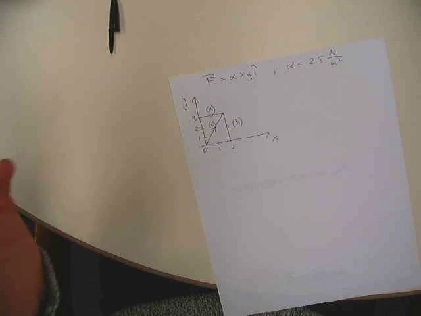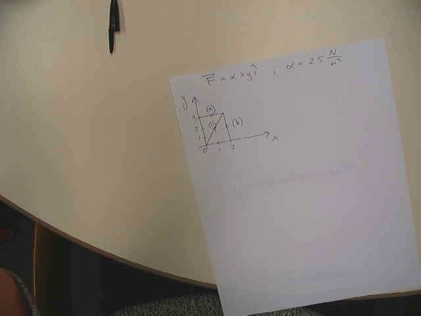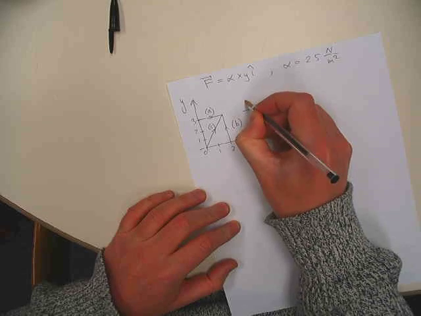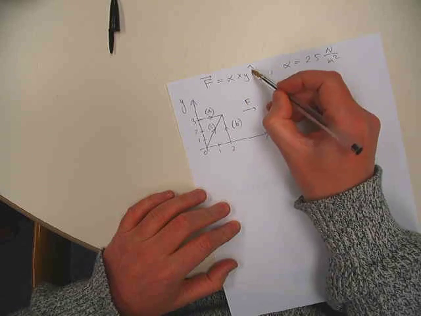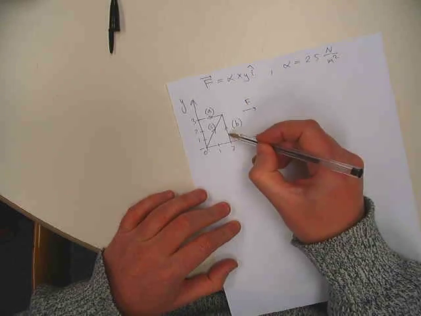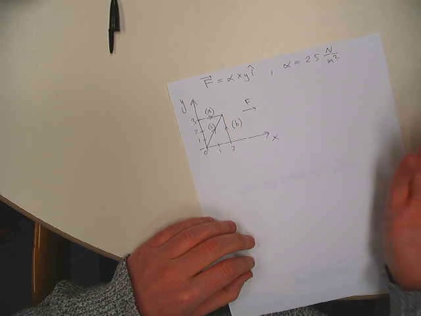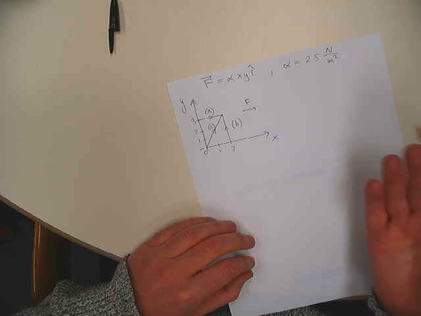Notice that in case B, over each short time interval, the displacements are always perpendicular to the force, right? The force is always pointing along the x direction, notice this I hat, and each short displacement is along the y direction. So the dot product of these two is simply 0.